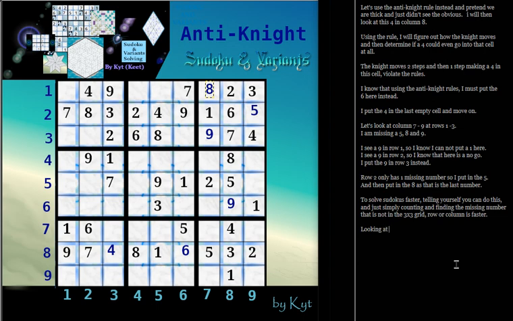So looking at row 3, I need a 1, 3, and 5.